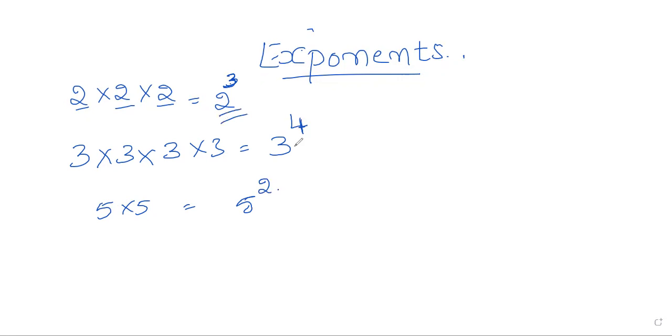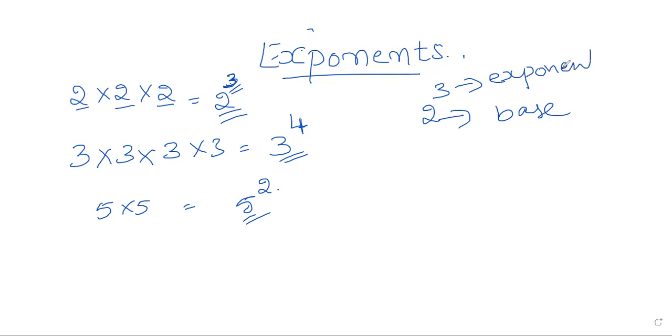So these are called, 3 here in 2 to the power of 3. 2 is called base and 3 is called exponent. There are other names for exponent. Power, index, exponent.